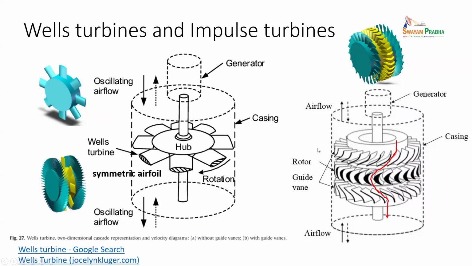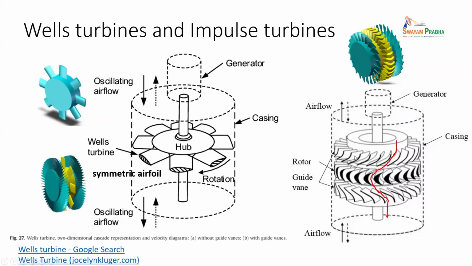For example, Professor Falcão and his colleague Professor Gato in Portugal designed some active vents. If the air goes in one direction, they adjust the vent angle dynamically and get better efficiency. So there is some active research. We also have research on how to design guided vents to reduce the vortices in the system and improve the efficiency.